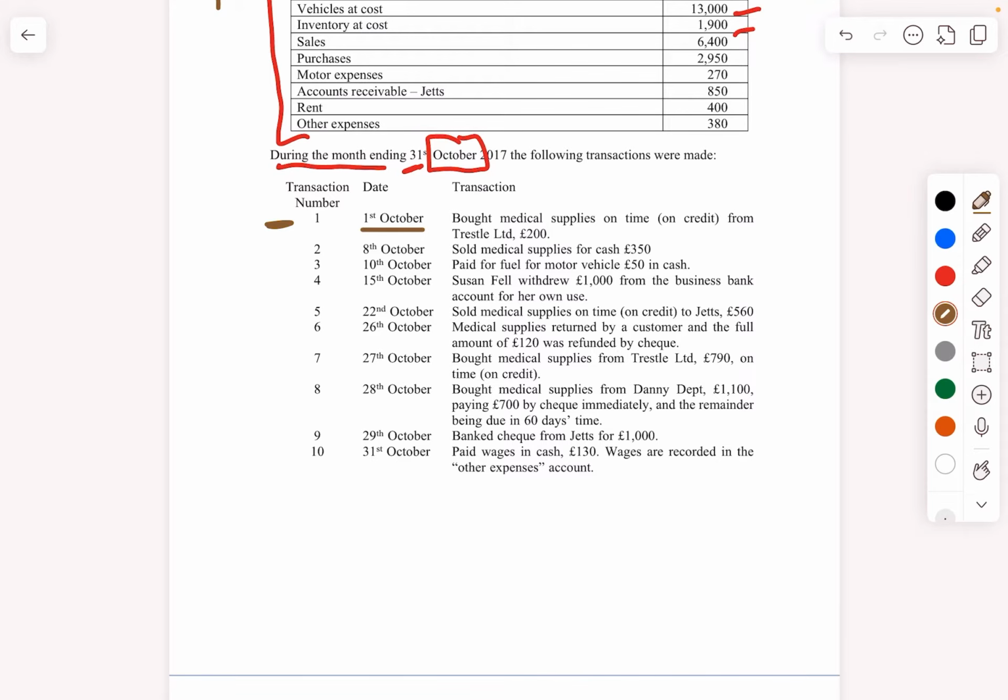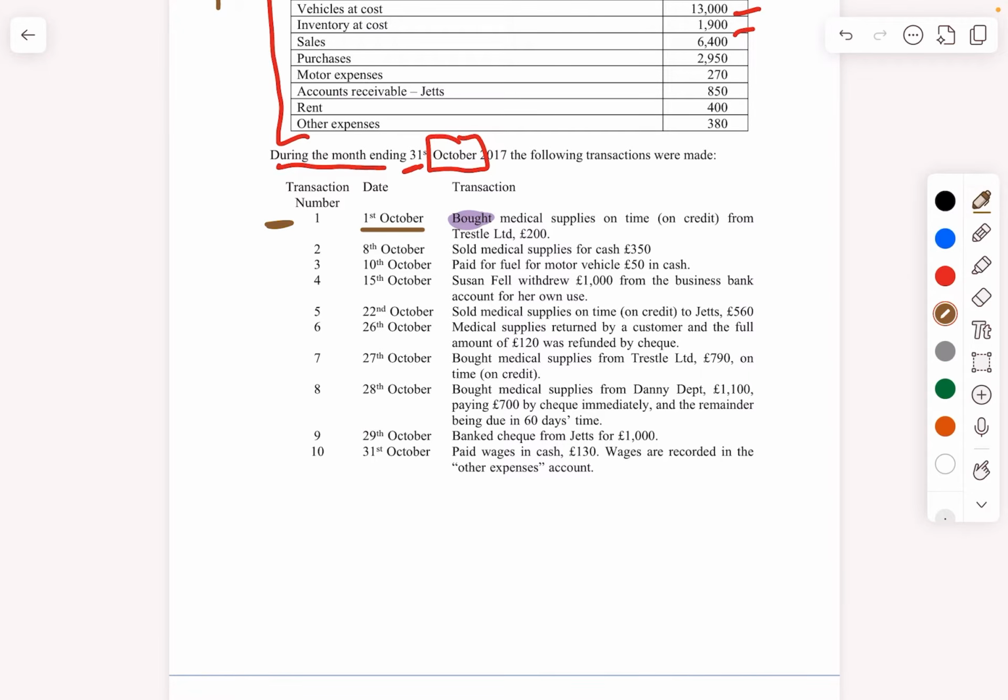Okay, so it says we bought medical supplies on credit from Treasure Ltd. The amount is 200. What I want you to focus on here is what accounts we're gonna put in. Focus on "bought".